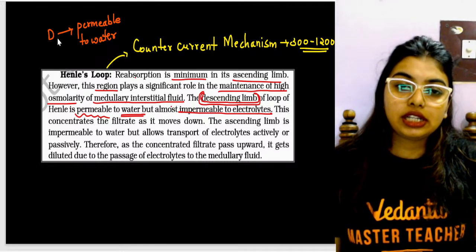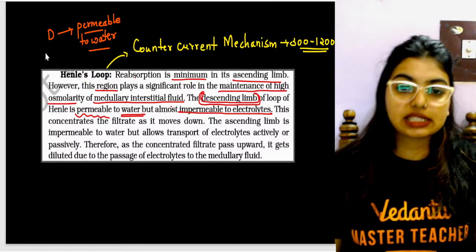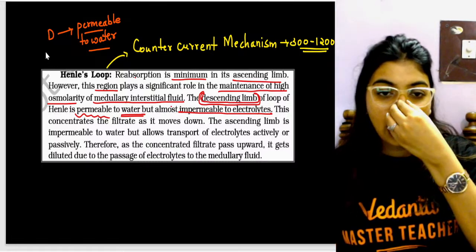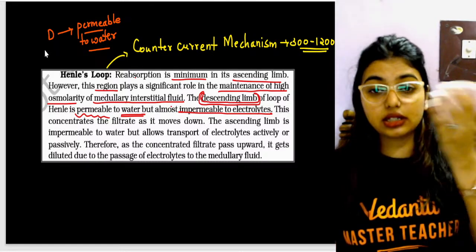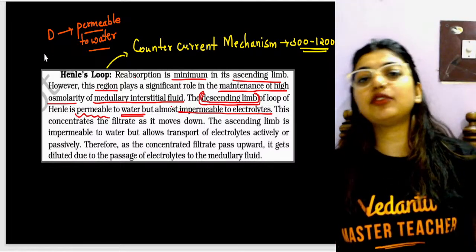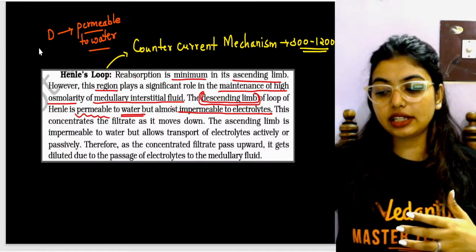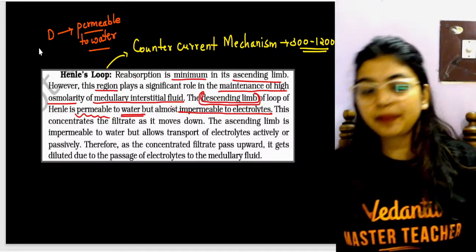So here D is going to be permeable to water. Yes or no? That means descending limb is going to be permeable to water, and impermeable to electrolyte. So one is permeable to water means that person itself will not be permeable to electrolyte. So they are going to be opposite: ascending limb and descending limb. Understood? Yes or no? Chalo.